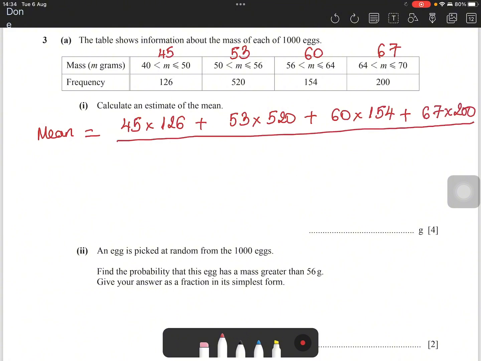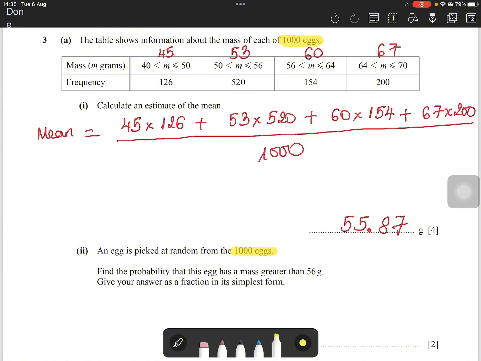Then we divide all of this by the total frequency, which means 1000 eggs. So I'll divide it by 1000. And the answer is 55.87 grams.